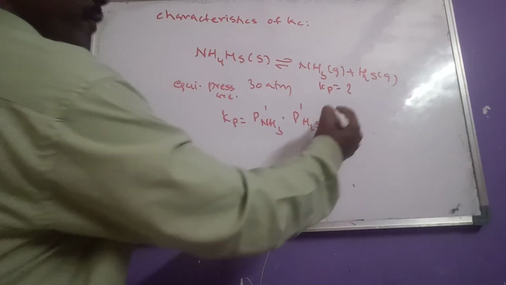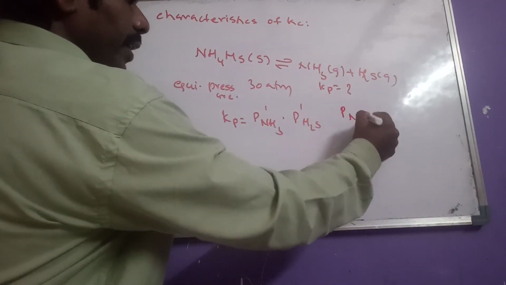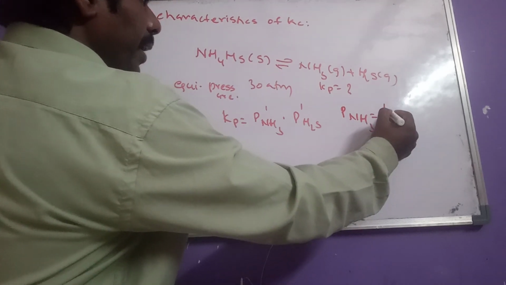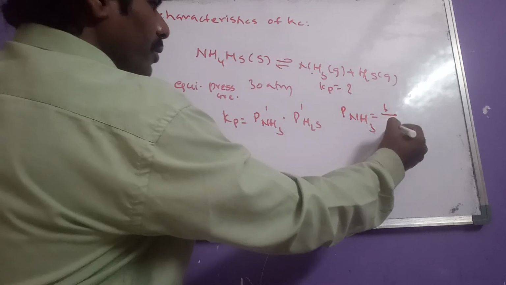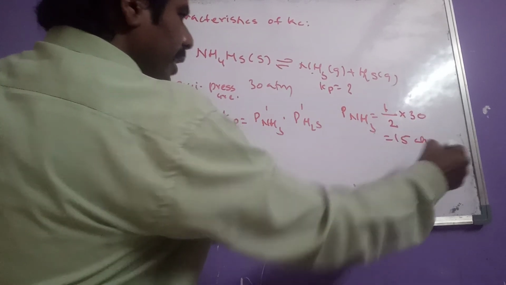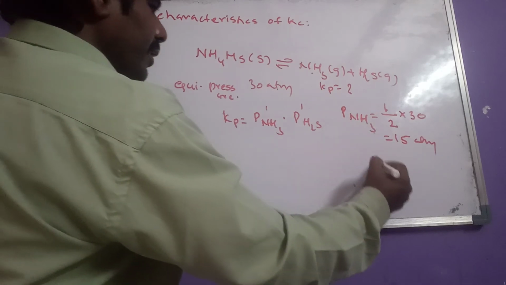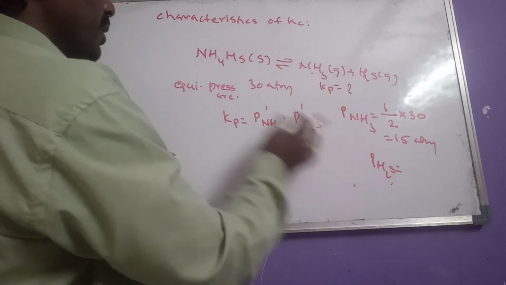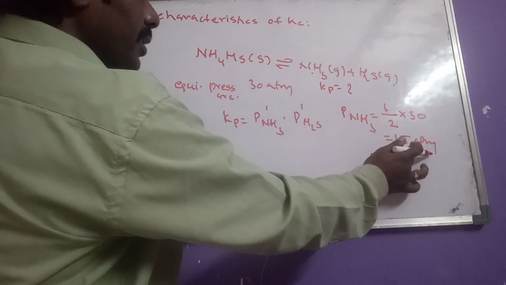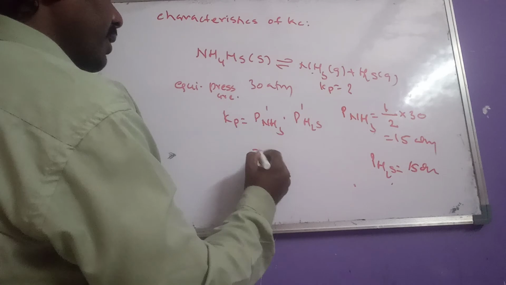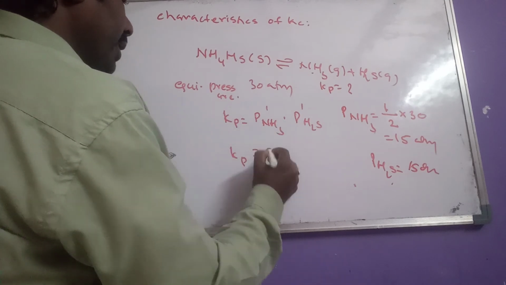Otherwise, use the formula: partial pressure of NH3 equals number of moles of NH3 by total number of moles 2, into total pressure 30. That means 15 atmosphere. If NH3 pressure is 15 atmosphere, therefore H2S pressure, total pressure minus this NH3 pressure, again we get 15 atmosphere.